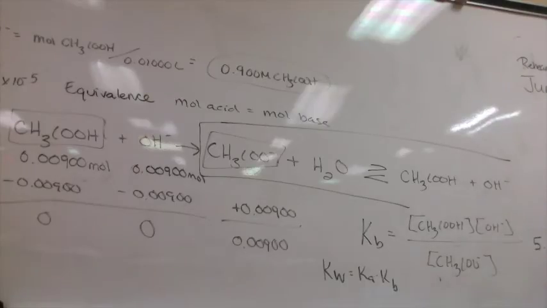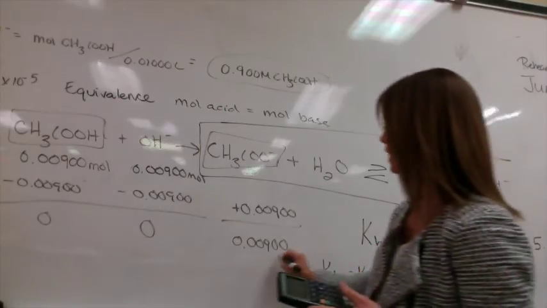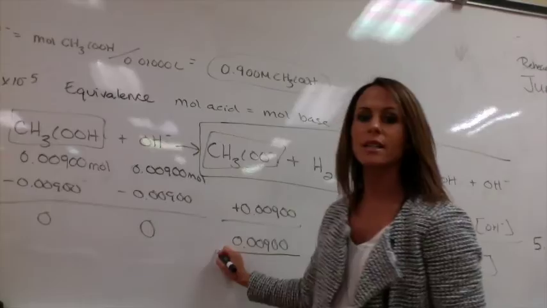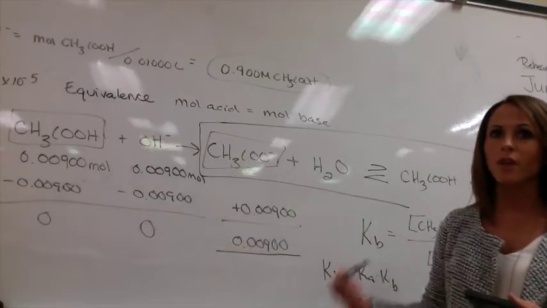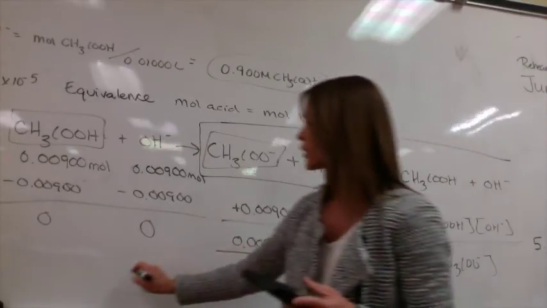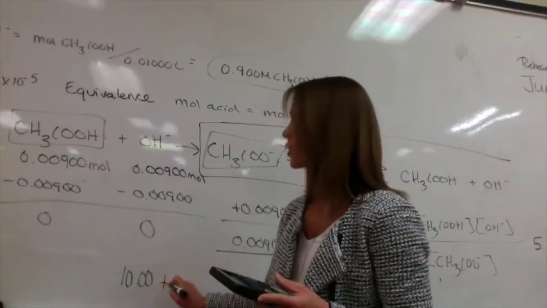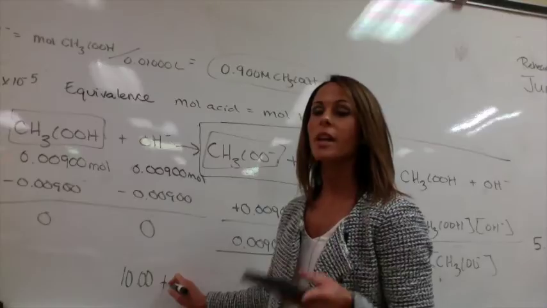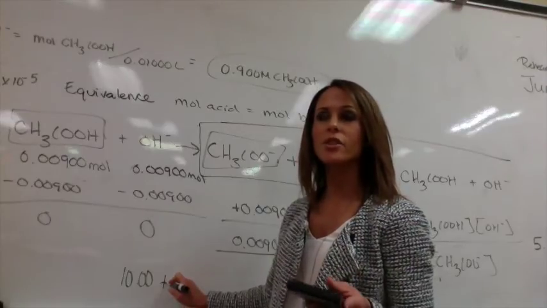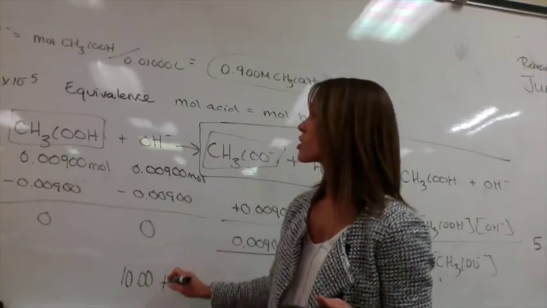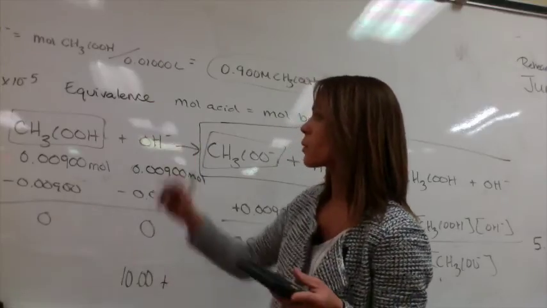Is equal to, and now I'm going to write x squared over, and I'm going to find my concentration of this. So at equivalence, I take these moles and I divide them by the total volume. So your total volume was your 10 milliliters that you put in, plus your equivalence volume. But in our case, we need to use the average equivalence volume, which I believe we're assuming is 0.018.